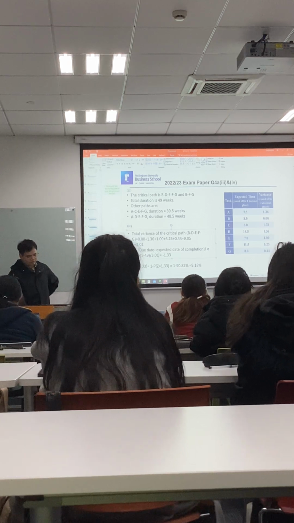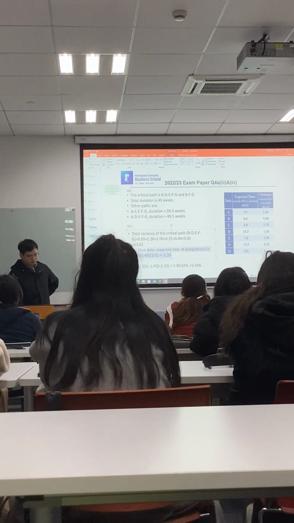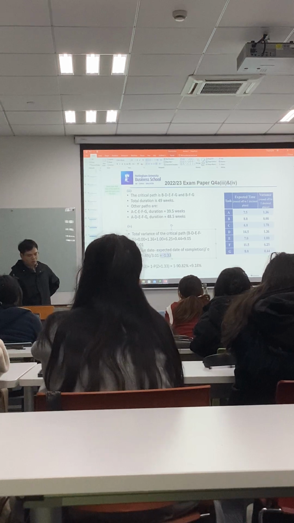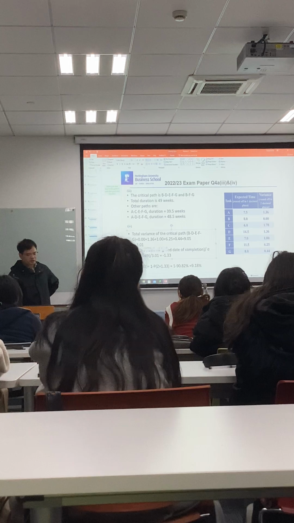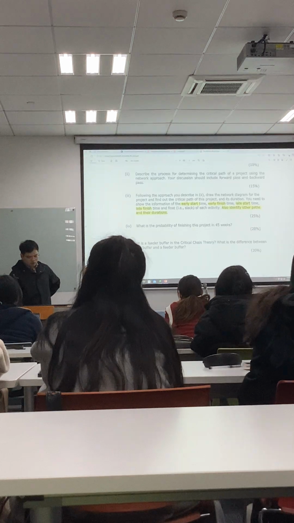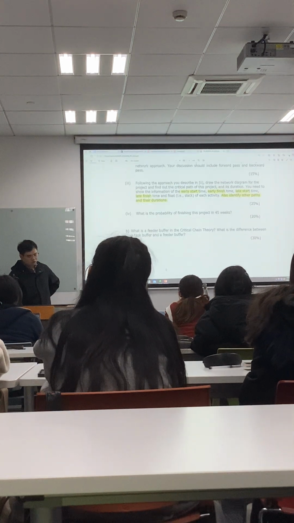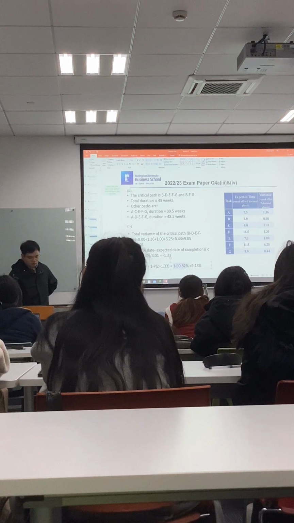And then calculate the z, which equals minus 1.33. Here, this is our target, and this is the expected. We derive z, and corresponding to the standard normal table, we can find out the probability of this one.